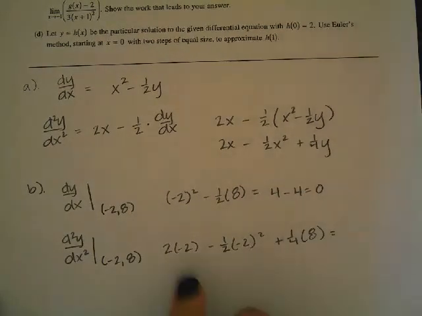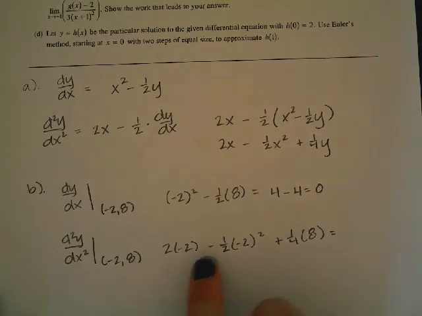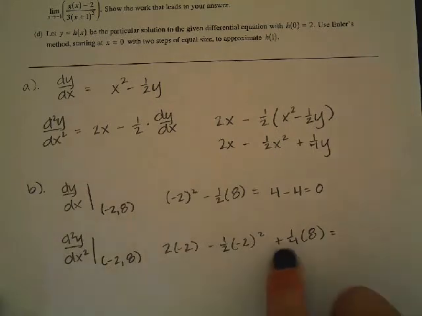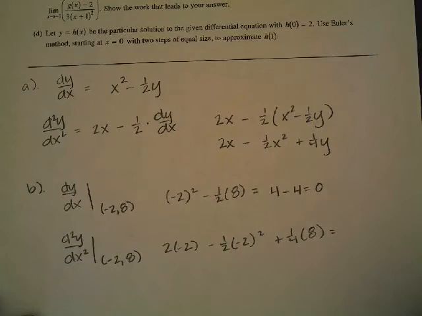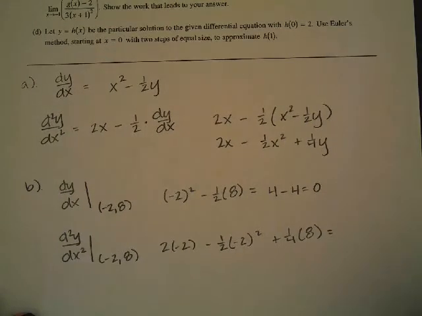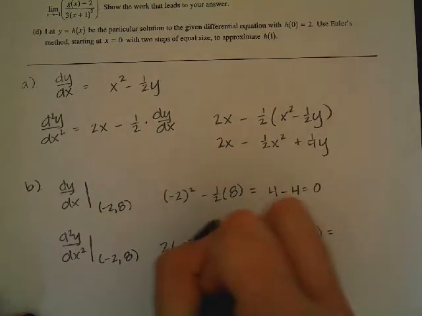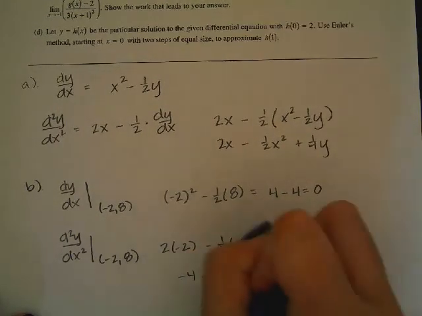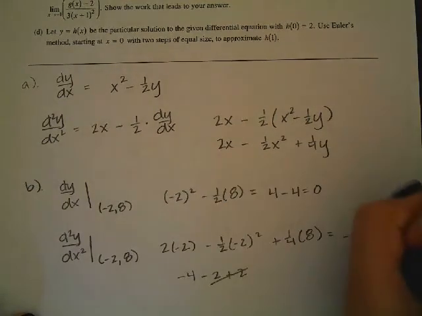So I've got -4 minus 4 plus 2. So -4 minus 1/2 of 4. So -4 minus 2 plus 2, -4.